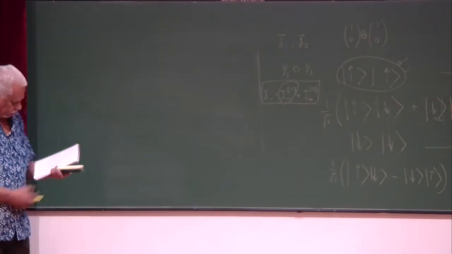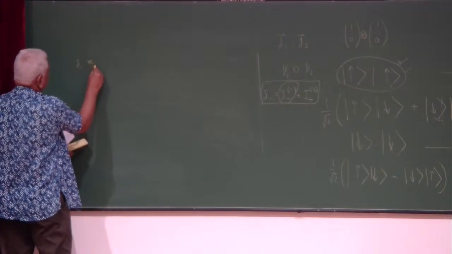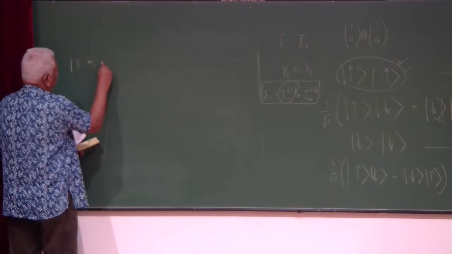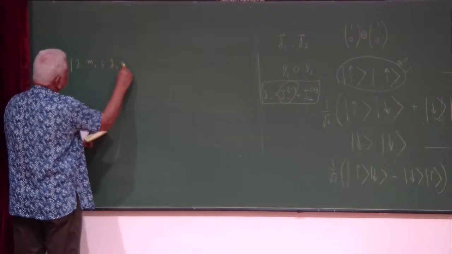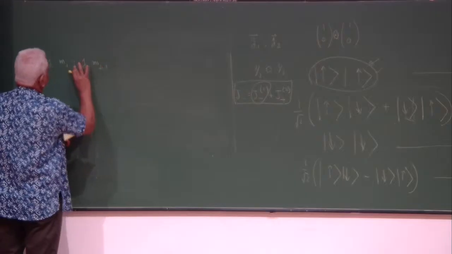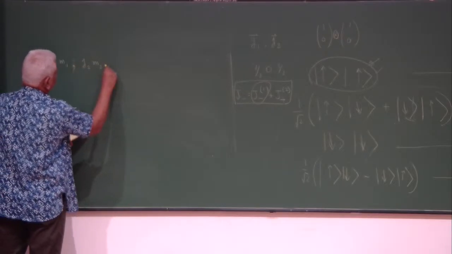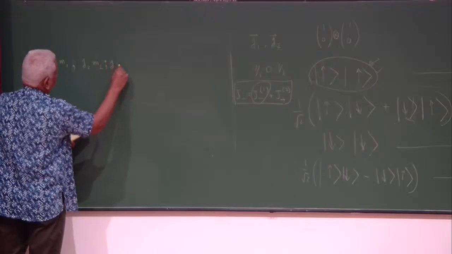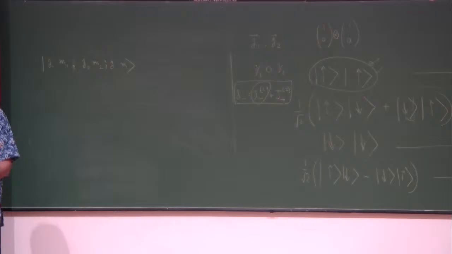So the general formula is J1 M1 colon J2 M2, total producing, so let me put J1 M1 comma J2 M2 colon producing J and M, correct?